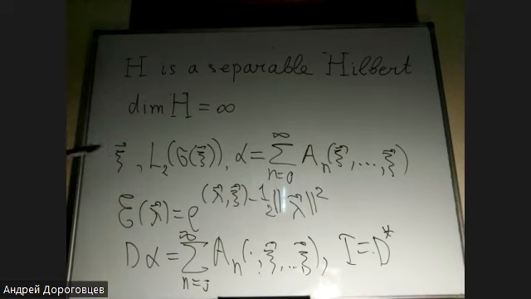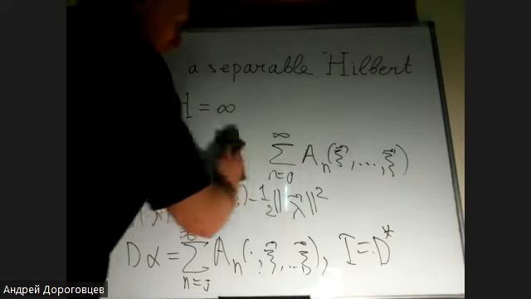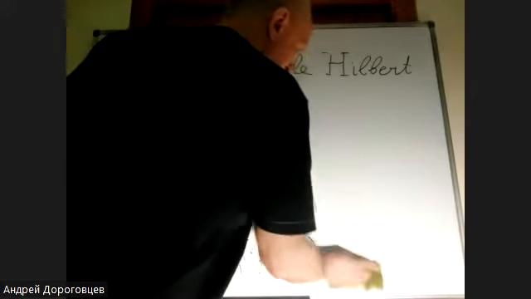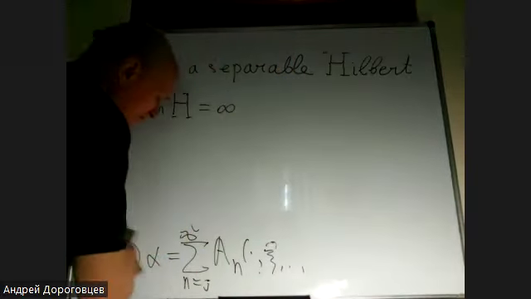So let's try to consider such a random element. I'm trying to write this element in coordinate form.